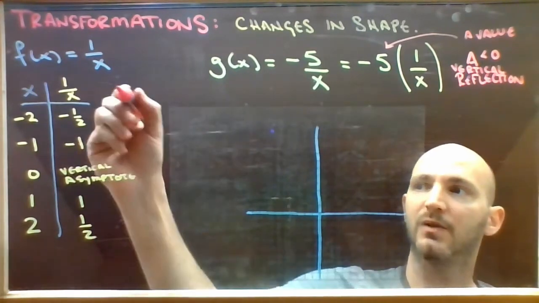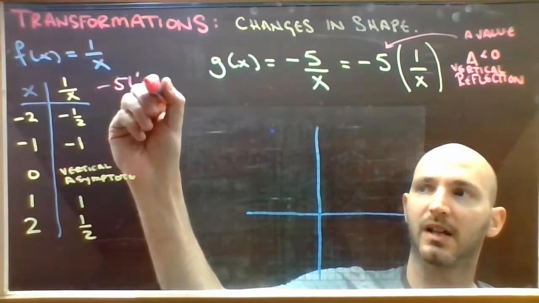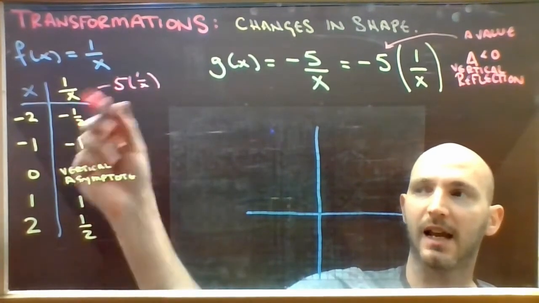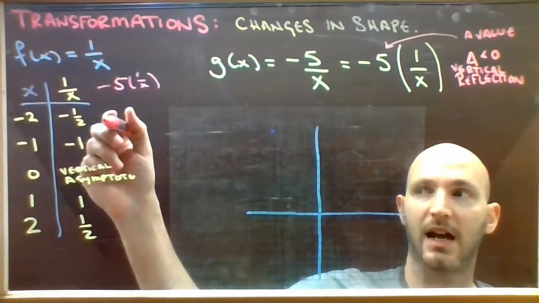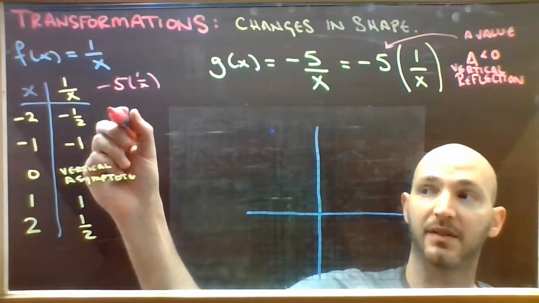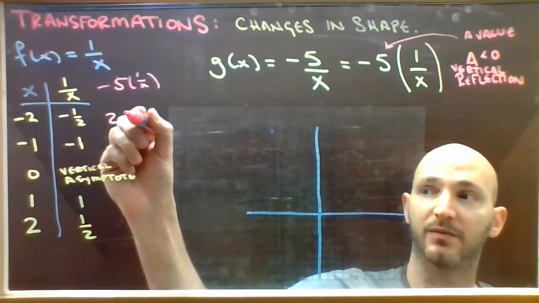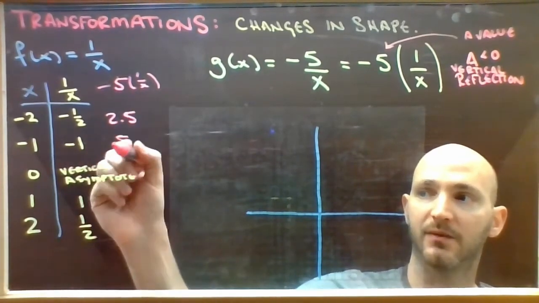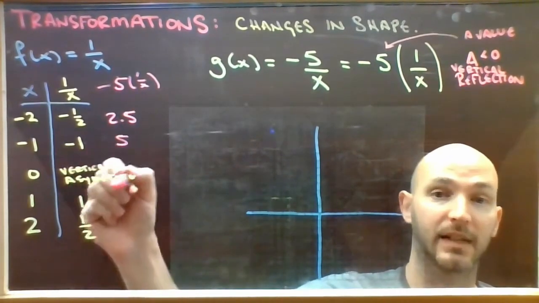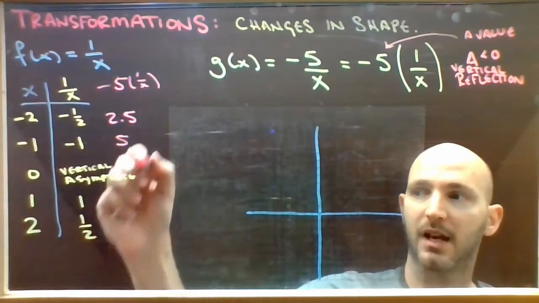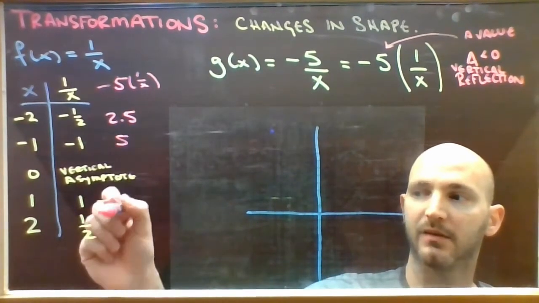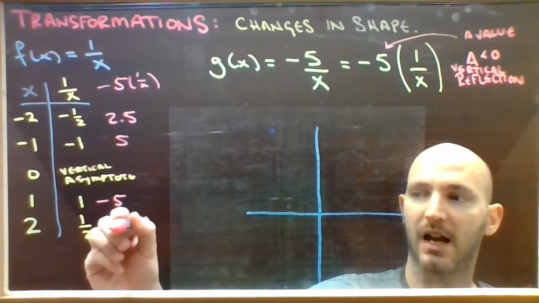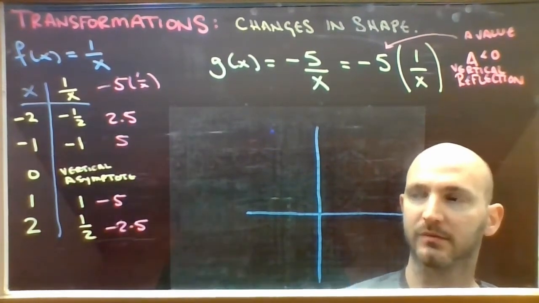So if I do that, -5 times -1/2, well, negative times a negative is positive, and 1/2 of 5 is 2.5. 5 times 1 would be 5. This remains an asymptote. 1 times -5 is -5. And -5 times 1/2 would be -2.5.